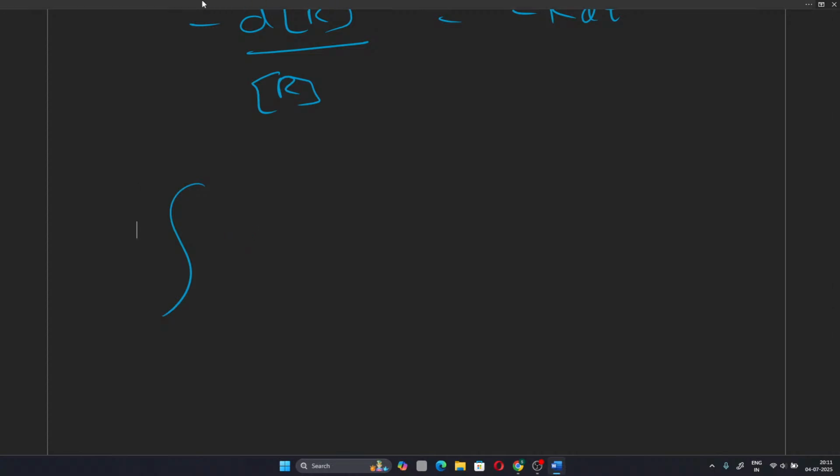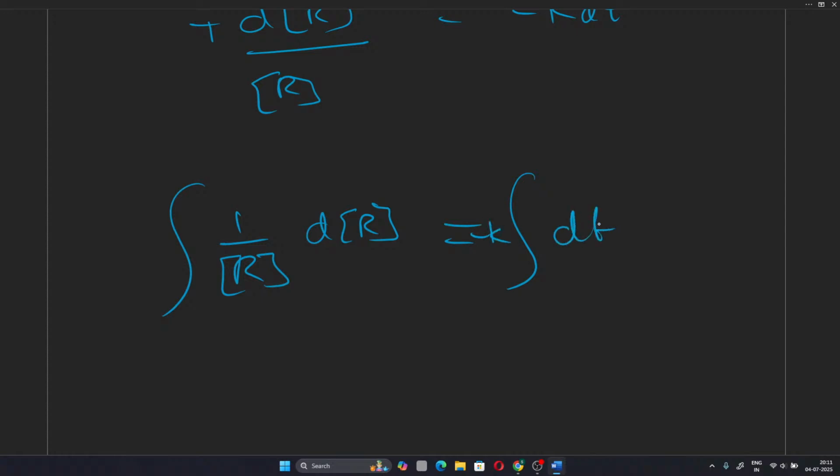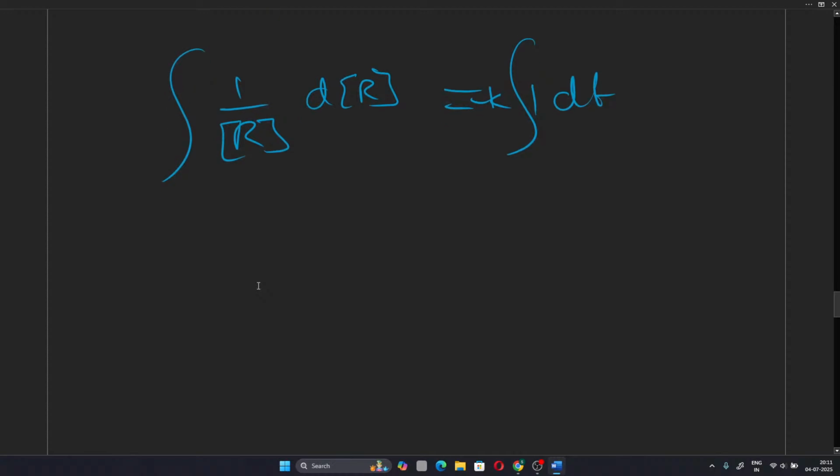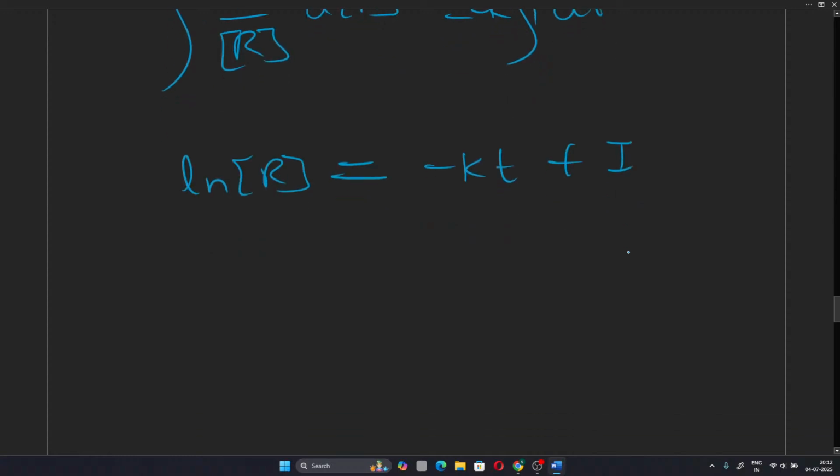Integrating, when we take the minus sign here, it becomes positive, so it will be the integral of 1 by r dr, with minus k outside dt, which equals ln of r equals minus kt plus I. Substituting t equals 0, we get I equals ln of r naught.